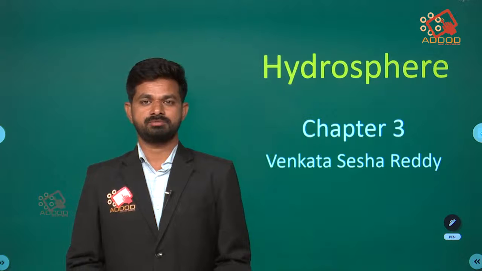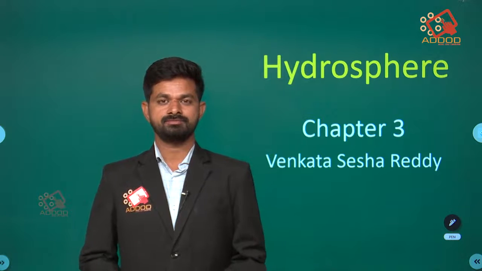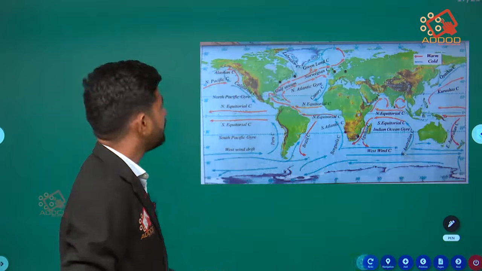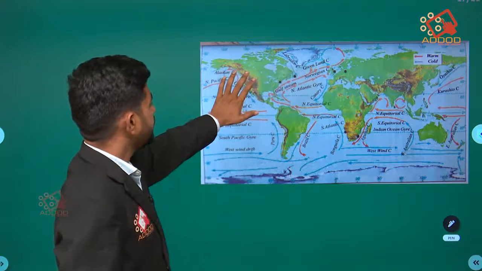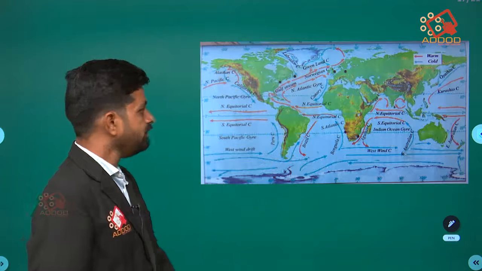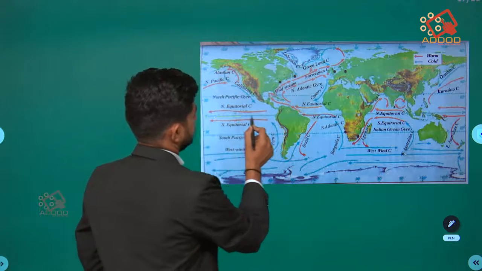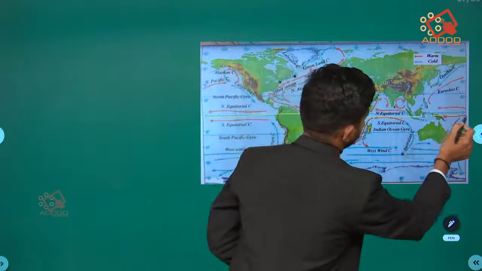In the last two chapters, we have studied in detail the earth, and these are the cold currents and warm currents that we have on the surface of the earth. Now this is the equator, right?